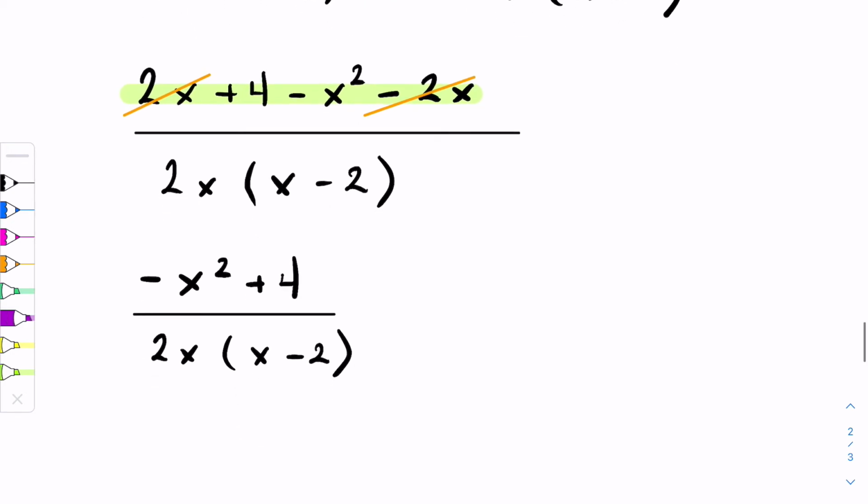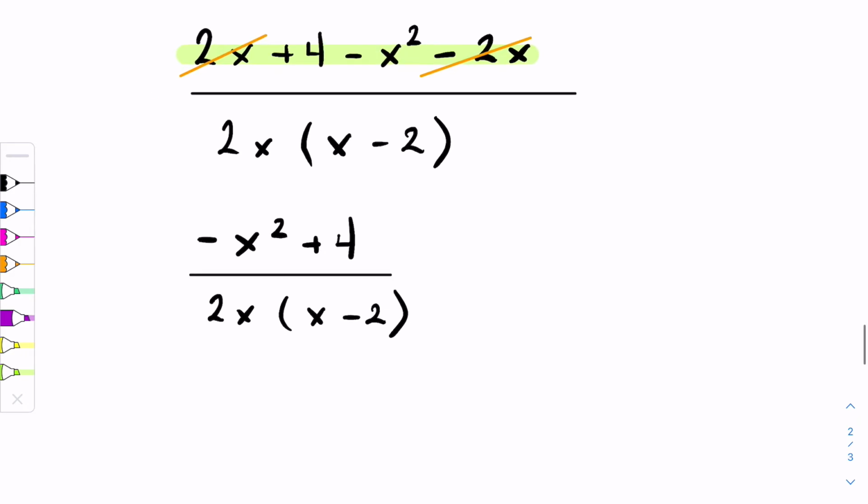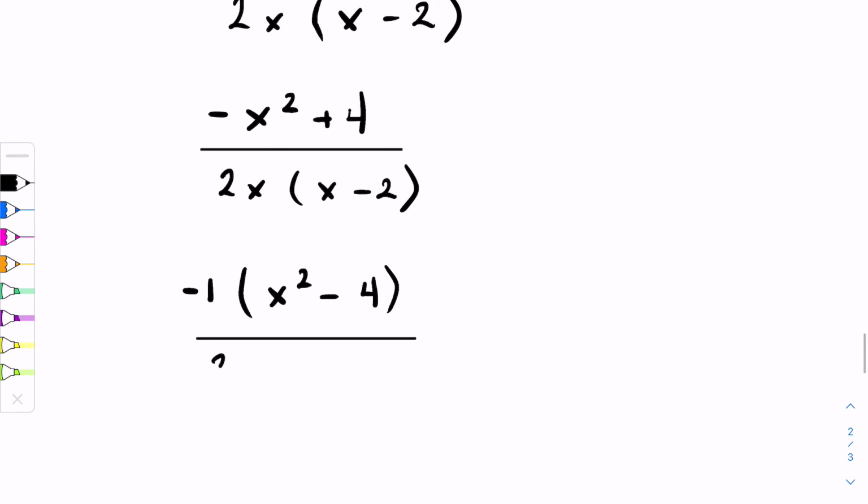Now, in this numerator, you have to recognize that negative sign, which starts the function. Previously, when we learned about factoring, we learned that you can never have a negative leading coefficient. So I'm going to factor out a negative 1 of that numerator, leaving me with x squared minus 4 divided by 2x times x minus 2.